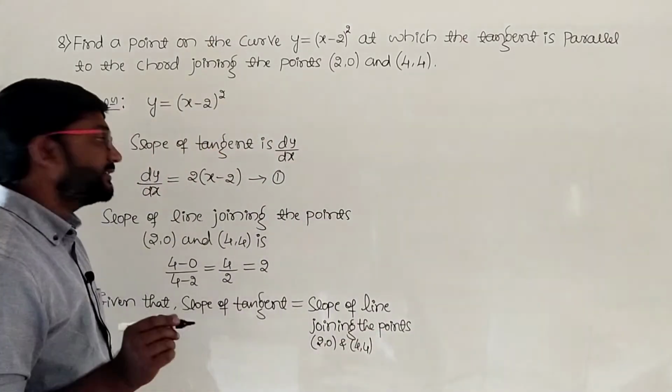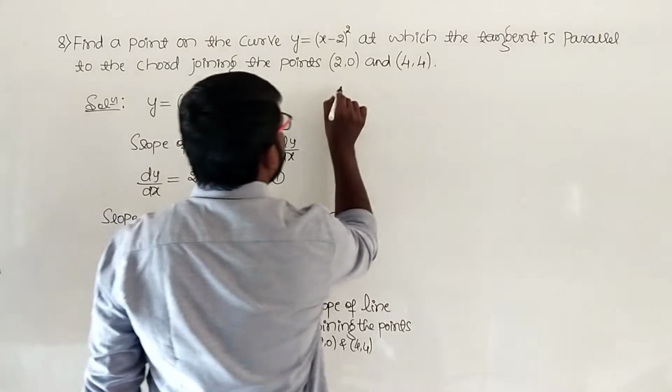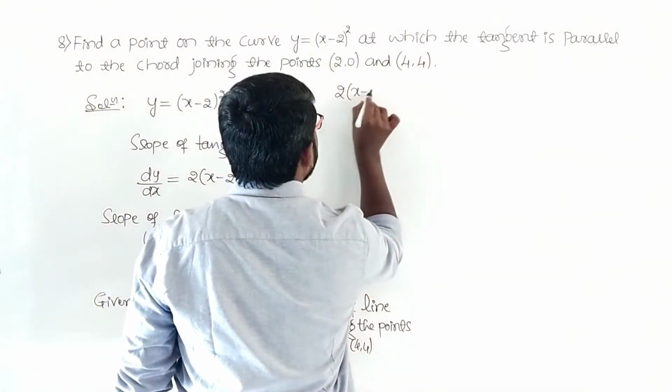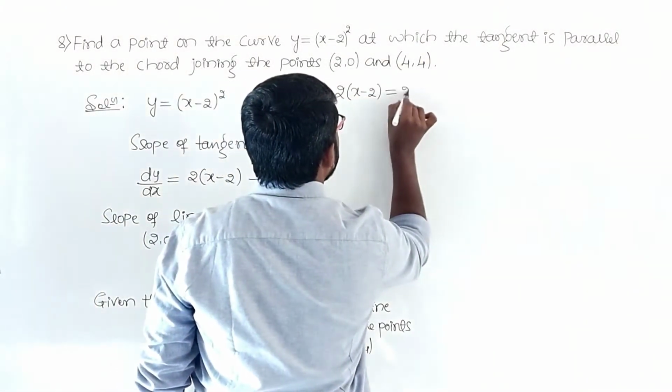Now we will have to equate the slopes. It is 2 times (x minus 2) which is equal to 2.